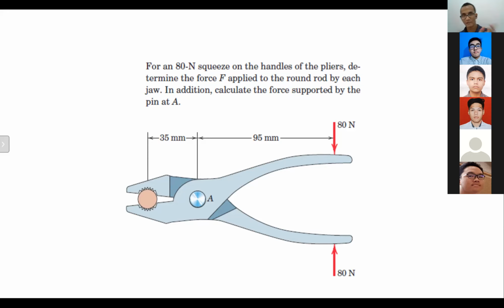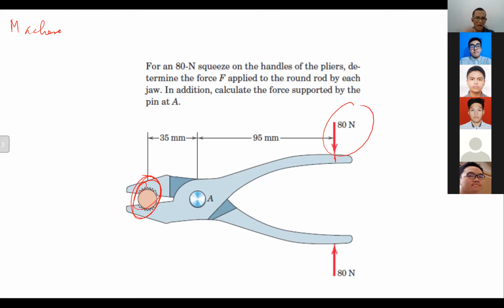So for Rena, for the others as well, this is another type of machine. We consider this as a machine as well, because we transfer the force here to the force here. By using this, the force at this particular part will be much more than the force given at this particular end.